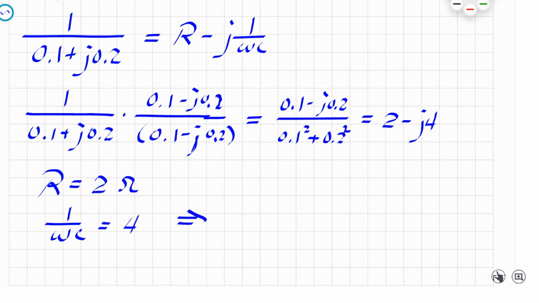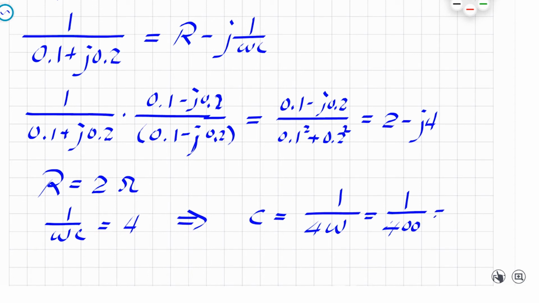So from there, C is equal to 1 over 4 omega, which is equal to 1 over 400 because omega equals 100.